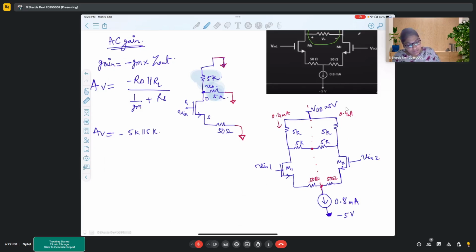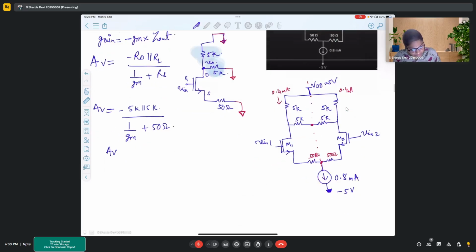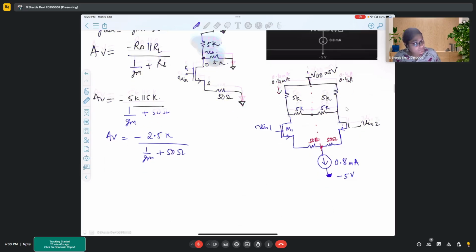Then it will come by 1 by gm plus RS is 50 ohms. So that is Av equal to minus 2.5K by 1 by gm plus 50 ohms.